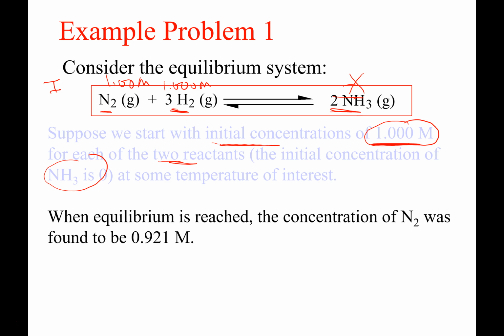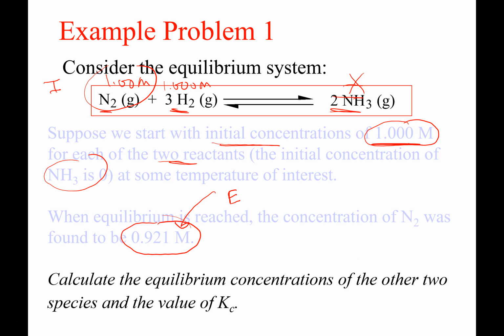At equilibrium now, we have that the N2 has decreased from 1.0 moles per liter to 0.921 moles per liter. That's at equilibrium. In my ICE table here in a minute, that's going to be our equilibrium concentration of N2. And at hand, we're supposed to do two things.